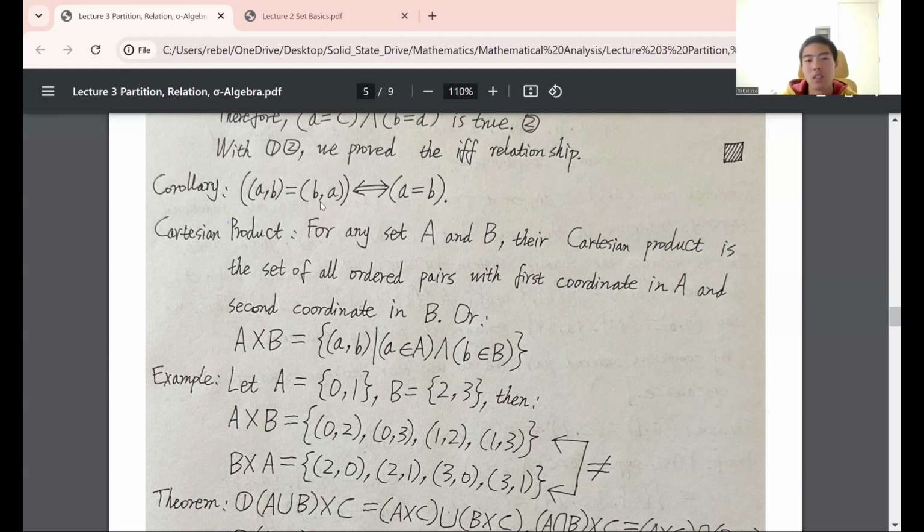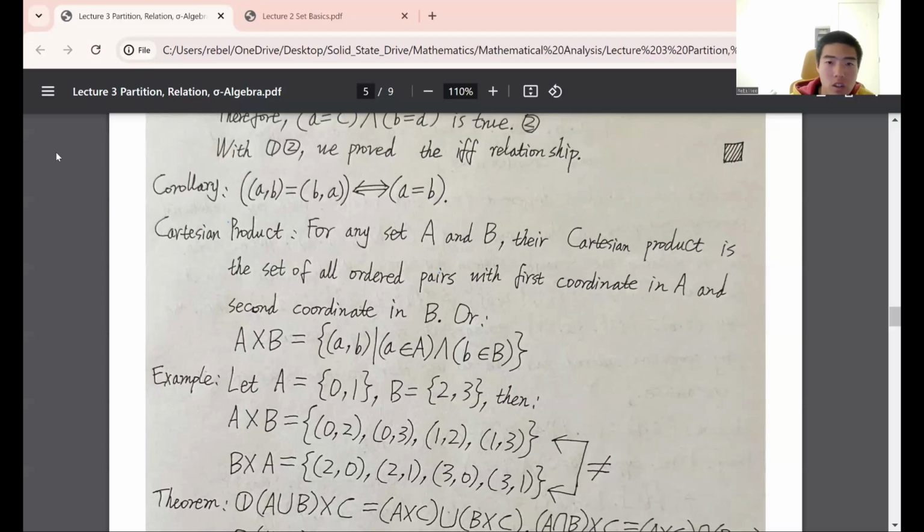If it's equal, then A must equal B for the single element set, and that will lead to A equal to B, which is done.